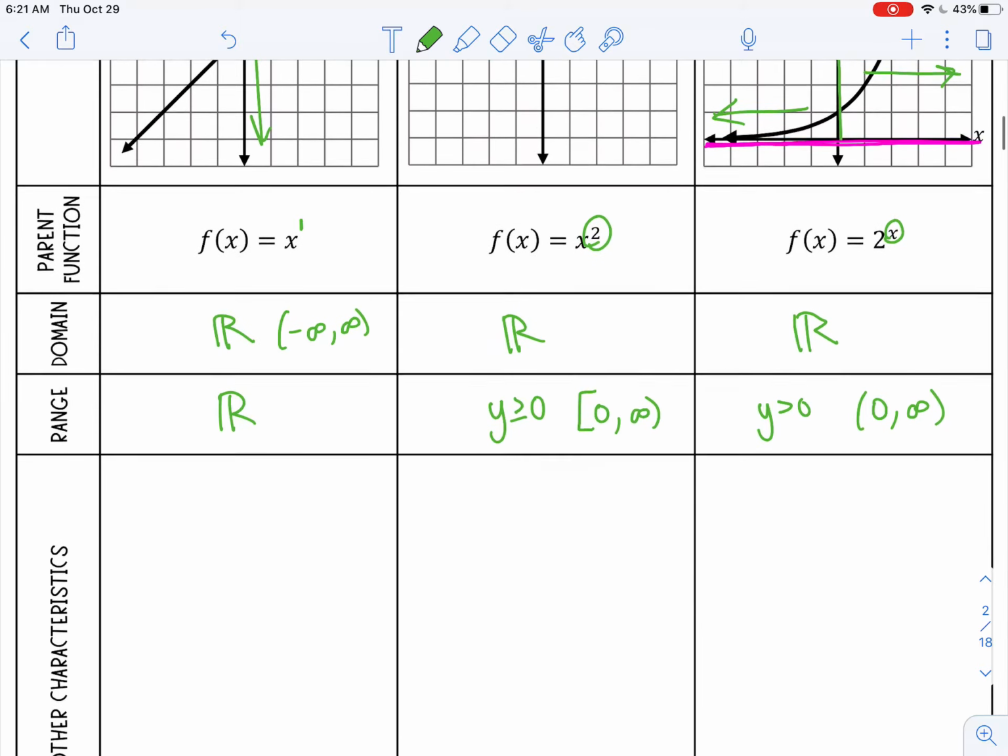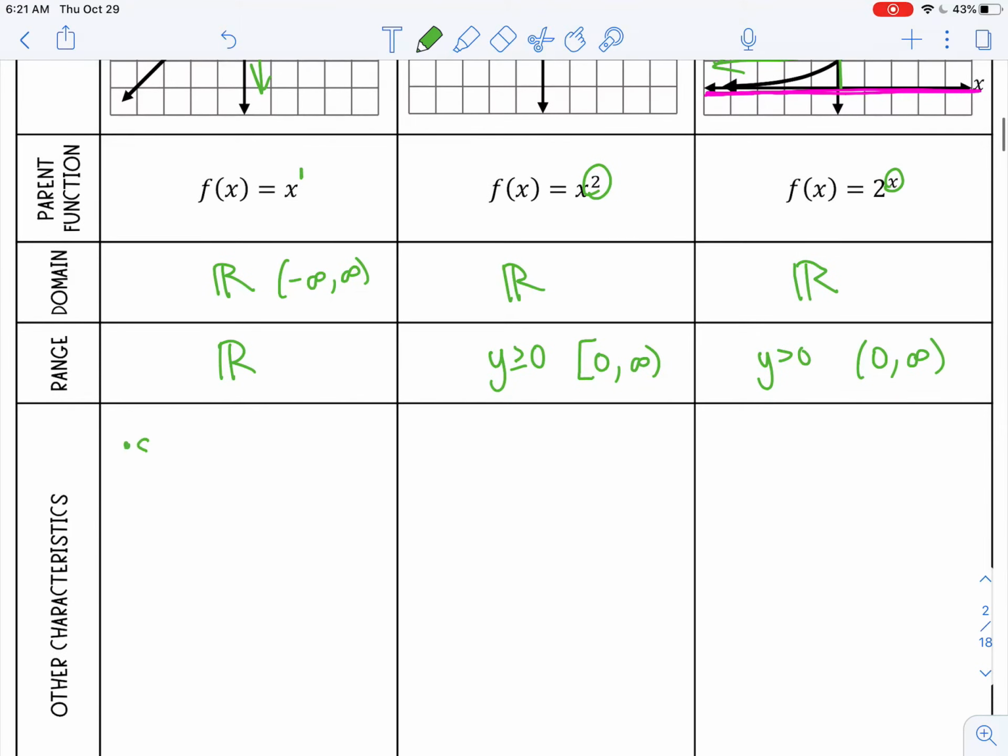All right, and then some characteristics. So for linear, it's a straight line. It's going to have a constant rate of change or slope. And remember, it's always x to the first power. For quadratic, you have the U-shaped parabola.